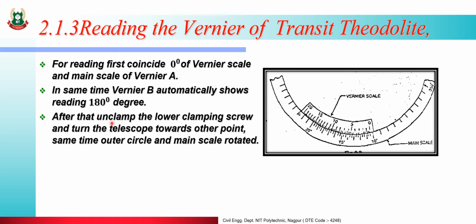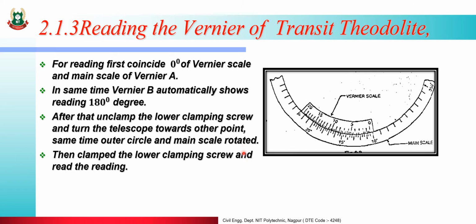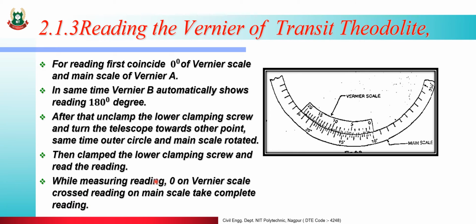After that, unclamp the lower clamping screw and turn the telescope towards the other point. At the same time the outer circle and main scale rotate. Then clamp the lower clamping screw and take the reading. While measuring, where the 0 on the vernier scale crosses the main scale, take the complete reading.